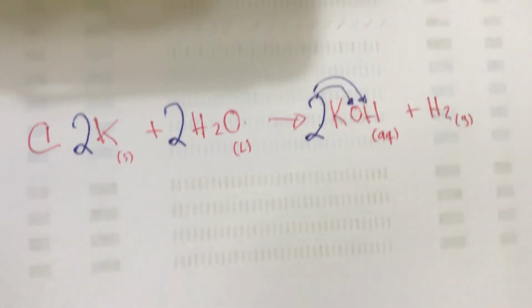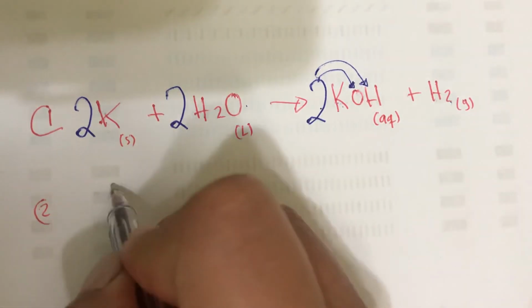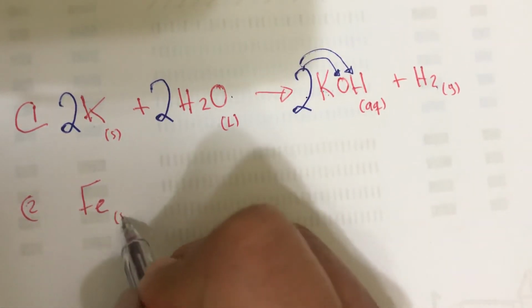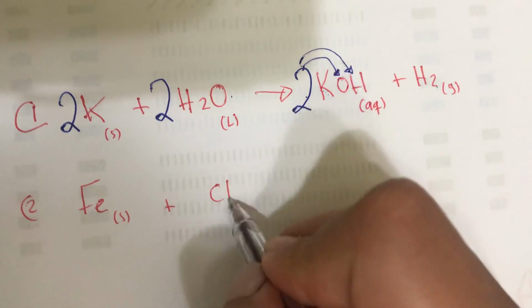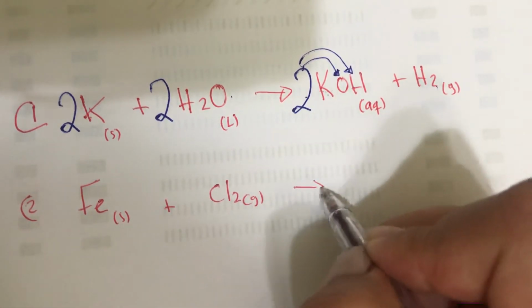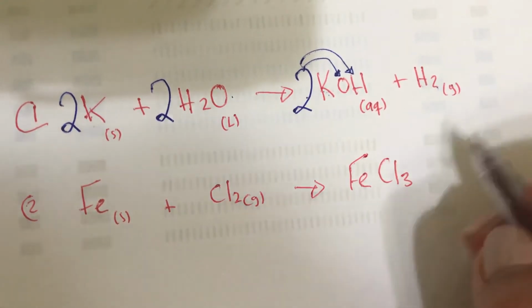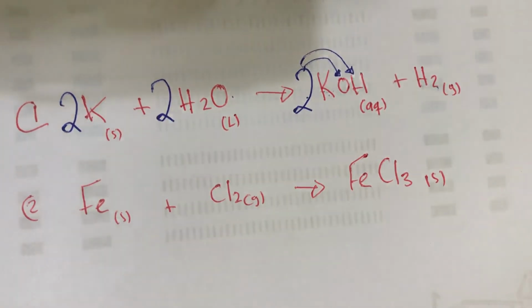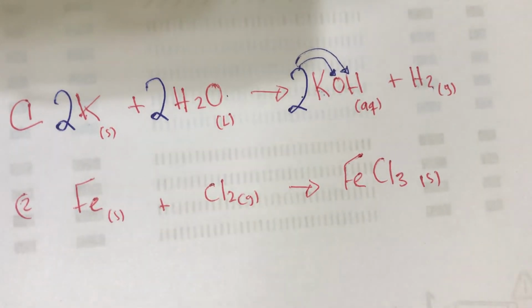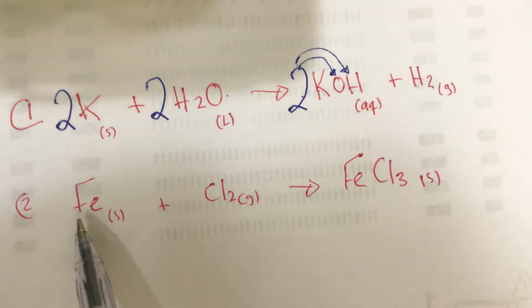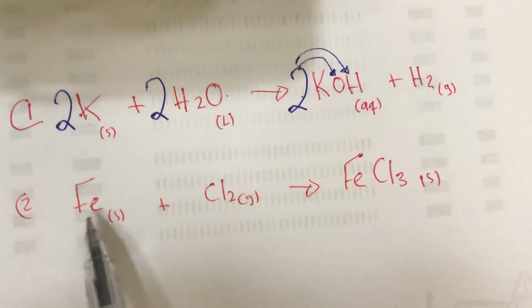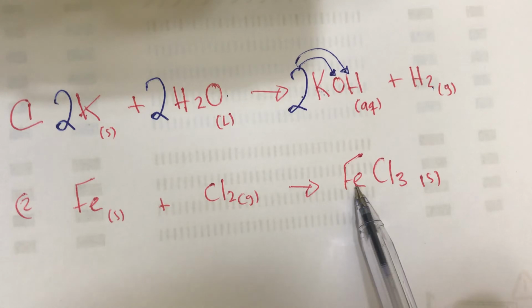Another example, iron plus chlorine gas to produce iron(III) chloride. Here in the reactant you have 1 iron atom and here in the product you have 1 iron atom. Now what about chlorine?